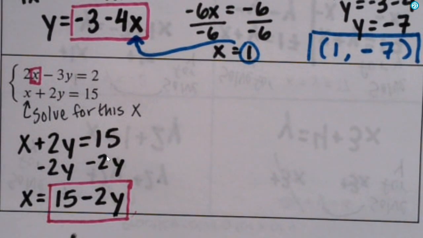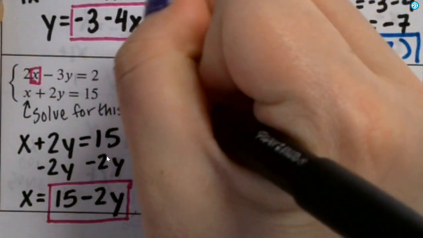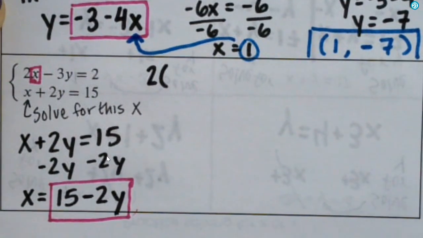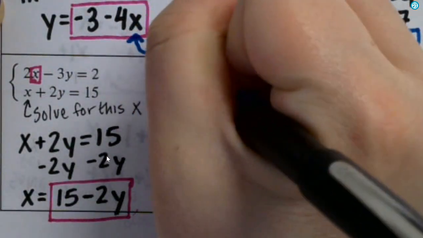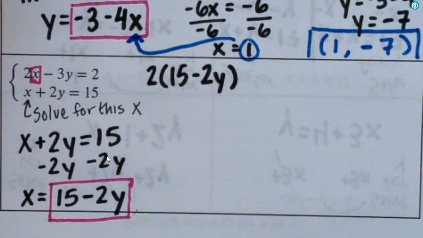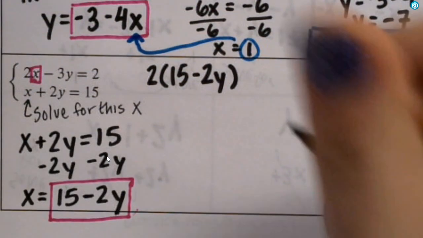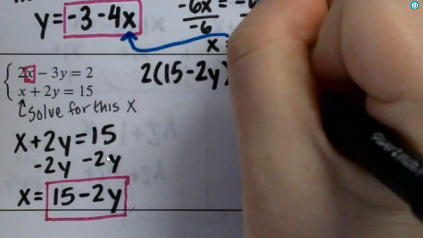So I'll have 2x, but I'm plugging in 15 minus 2y. So it'll be 2 times 15 minus 2y. And then I've got minus 3y equals 2.